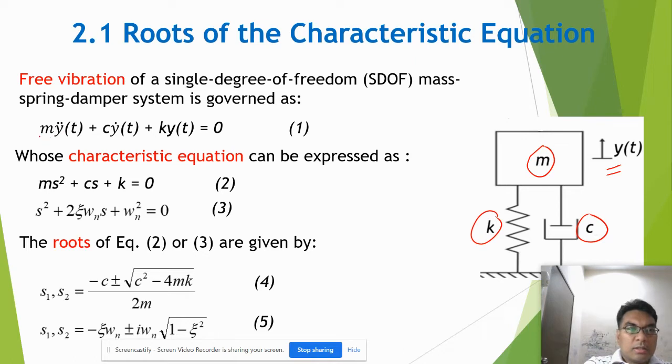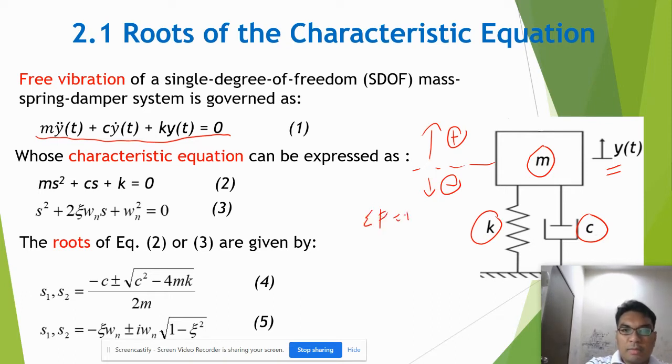At this stage you should already know how to derive it. You can divide into 2 directions, plus and minus, using the equation F equal to ma, so that you have the total force. The stiffness gives minus kx and the damping gives minus cx dot, equal to the mass times x double dot.